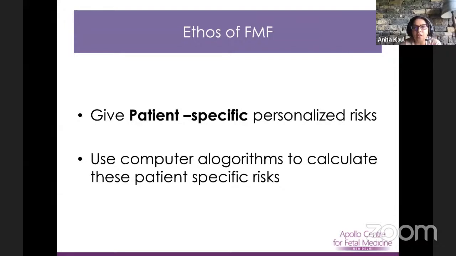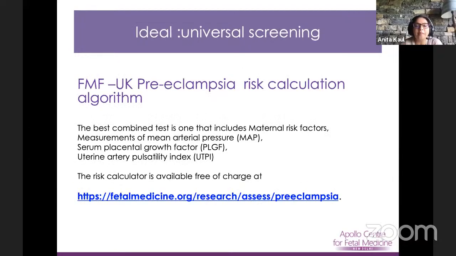The whole ethos of the Fetal Medicine Foundation is to give a patient-specific personalized risk. And the only way you can do that is by using computer algorithms. This is the second most important thing that the next generation of obstetricians will see that we are doing, because there is no way that all of us at our own individual level can compute all these different permutations and combinations of risk assessment.